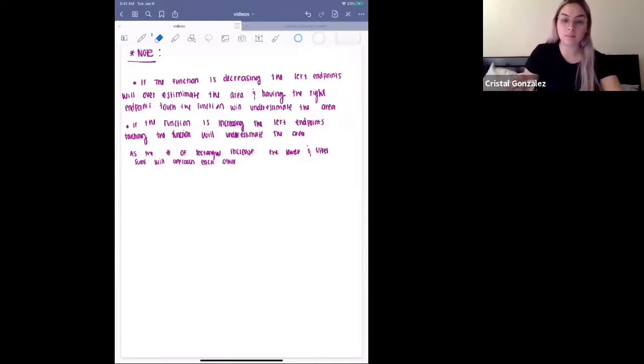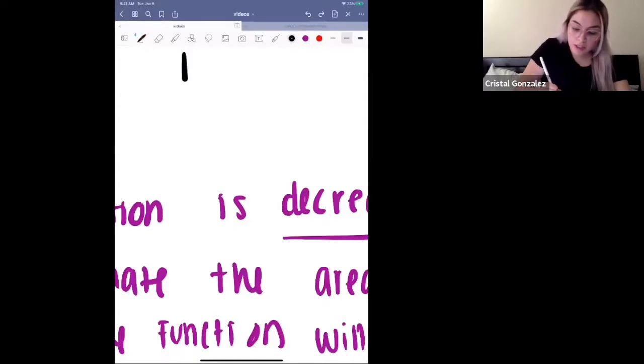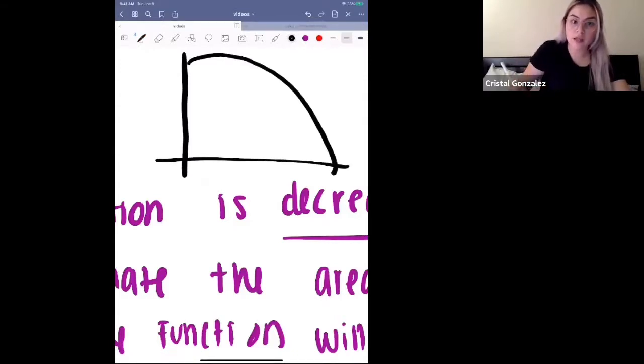And we didn't do an example like this. And so the reason is that if we look at this example here, if we have a function that's strictly, so if we go ahead and take a look at our function here, we are decreasing. And if we check the left endpoints of our function, then what we're going to do is we are going to go up from the function.